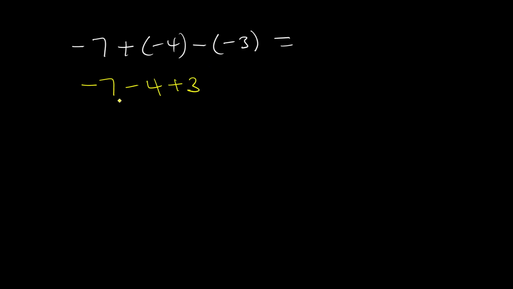Let's assume that the negative numbers are the amounts we are owing somebody, and the positive numbers are what we have. For instance, we have -7 and -4, so this will be -11, because we are owing this and that.